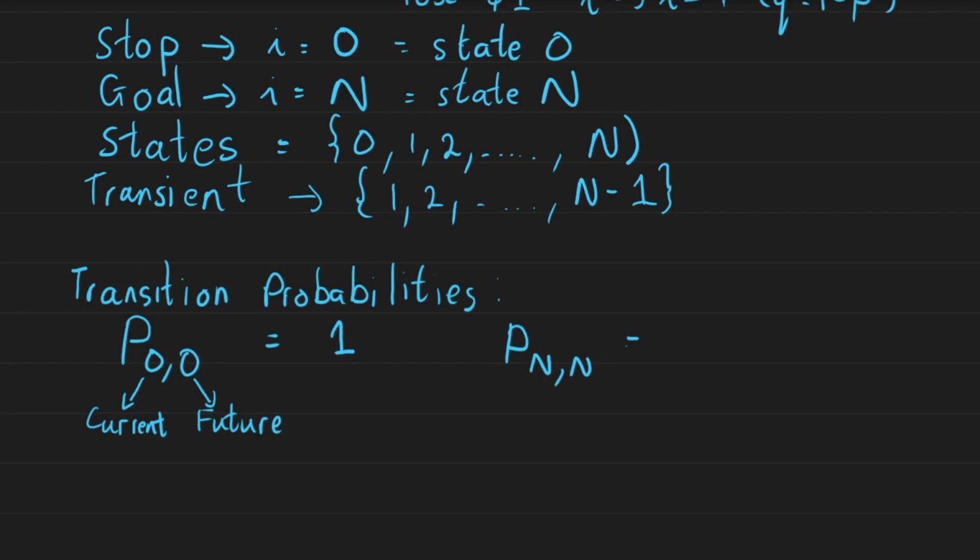Then it means that this transition probability is also 1 because the future state is also n. So if we are in state 0 or if we are in state n, then it means that the gambler would remain in that state forever. So this is actually what is meant by an absorbing state Markov chain.